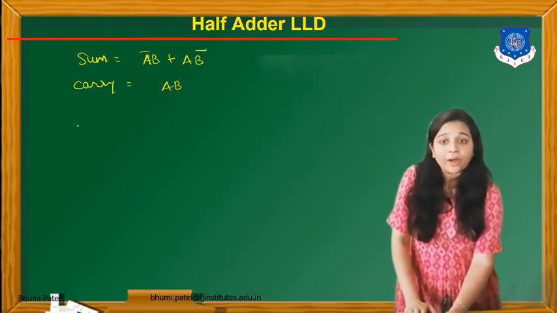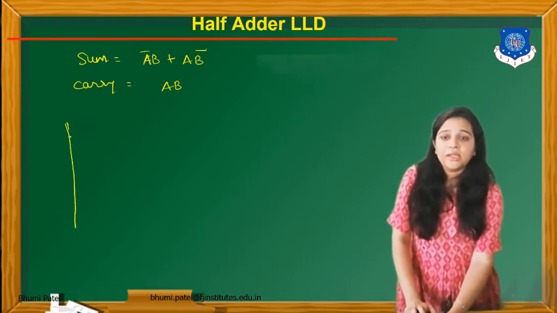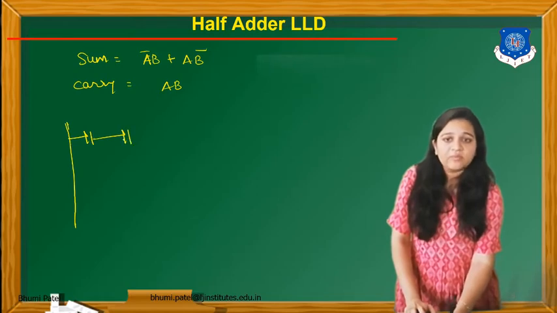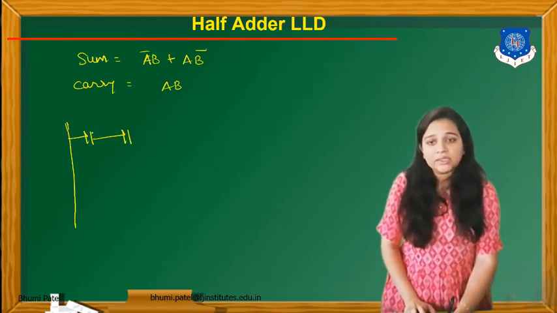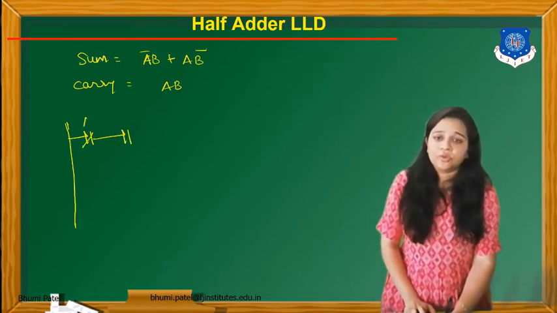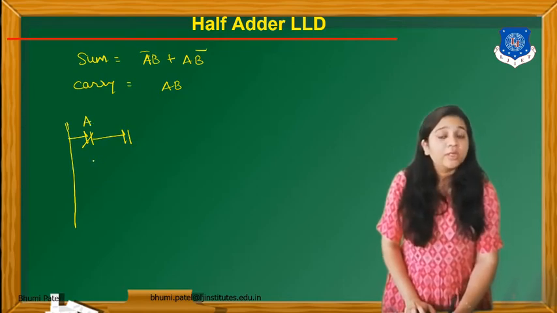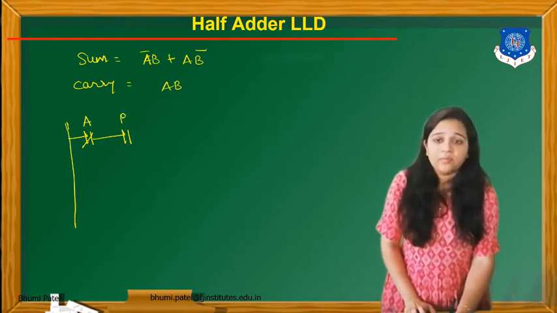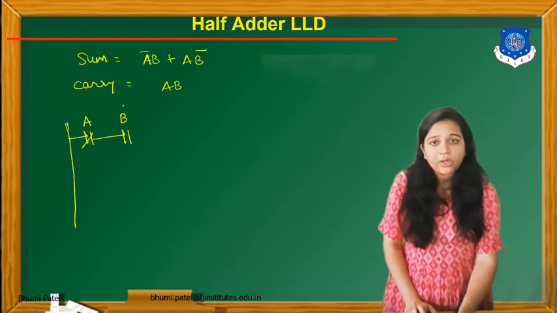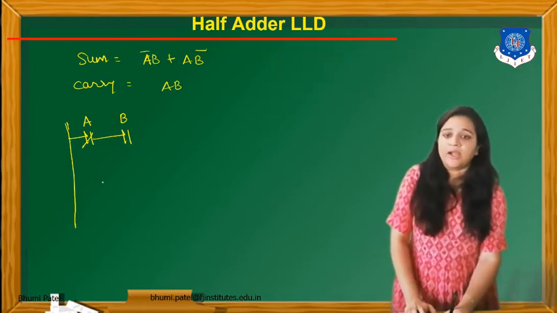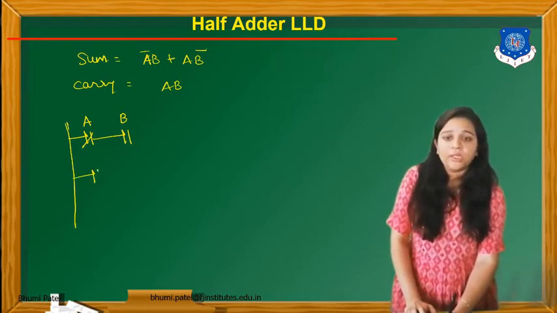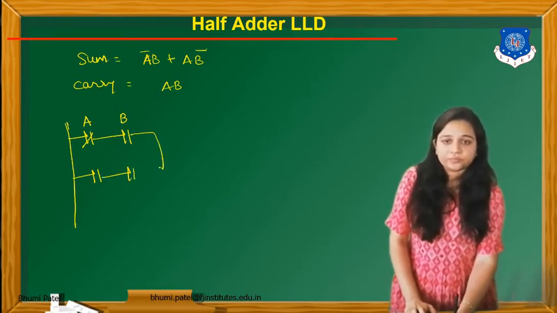We have two outputs. So first of all, A is my input, A into B. That means we can put A and B in a series connection, but A bar is given, so we can put here a normally closed contact. For B, we can put here a normally open contact, plus A B bar. So we can put A into B bar in a parallel connection with this connection.